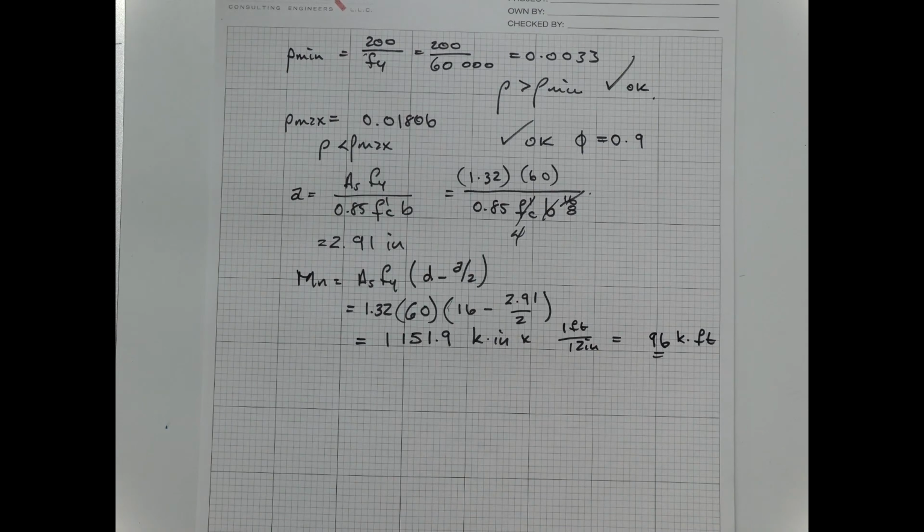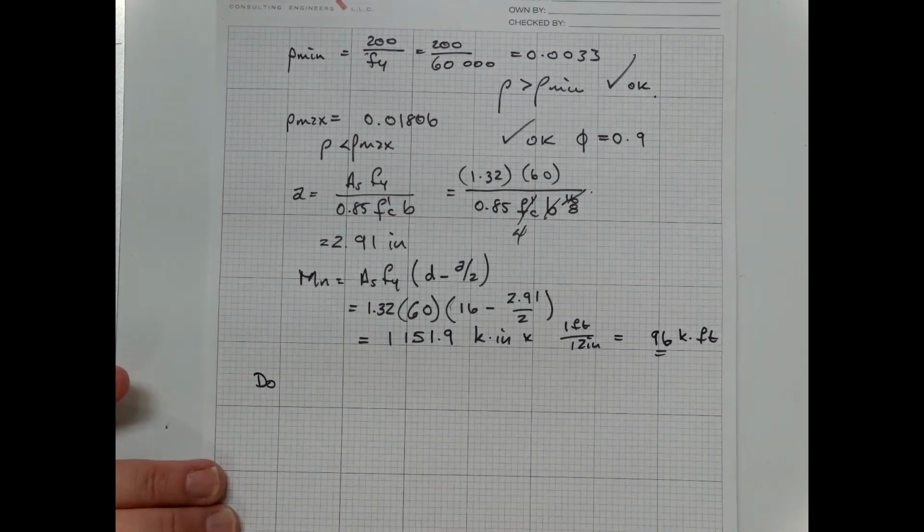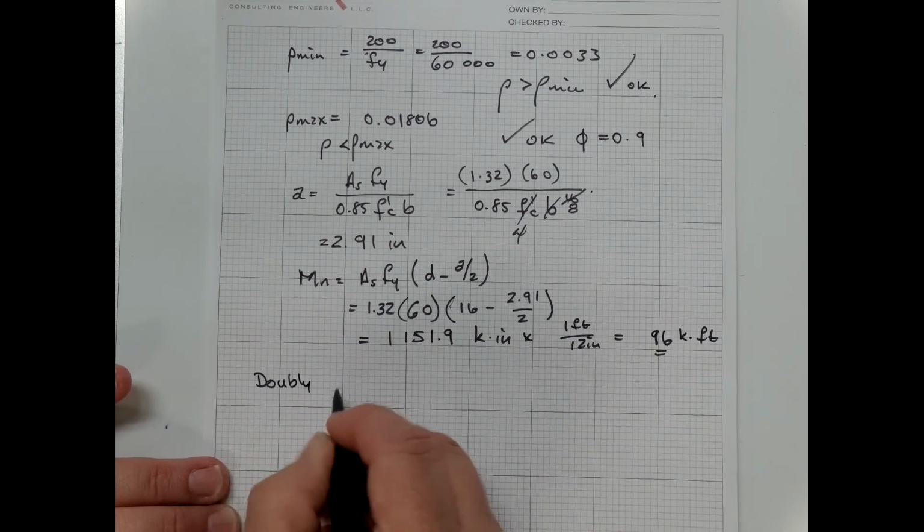So that's how we do an analysis to determine if the beam in an analysis is adequate or inadequate. Of course, there's a limitation, right? Once we have rho max as our reinforcement ratio, we end up in a position where we cannot increase the capacity of the section unless we increase the capacity of the concrete, and sometimes we can't do that. So in those cases, we have to treat our concrete and doubly reinforce it.